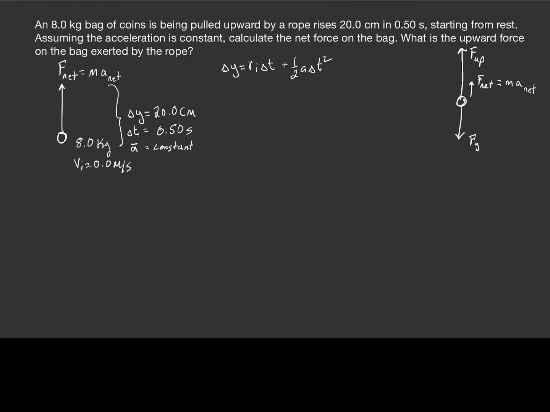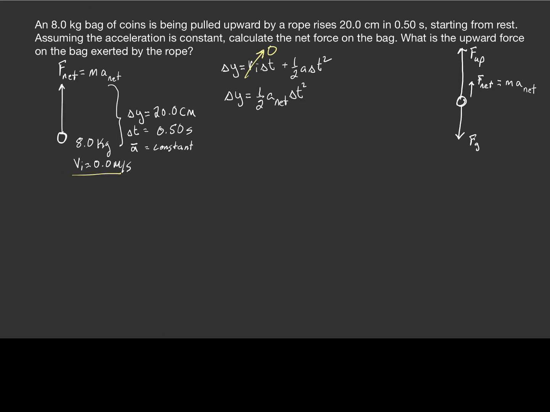Since this is from rest, then we know that the initial velocity is 0. We can assume that. So that leaves us delta y equals 1/2 a, and this acceleration would be a net acceleration, so I'm just going to put that there.